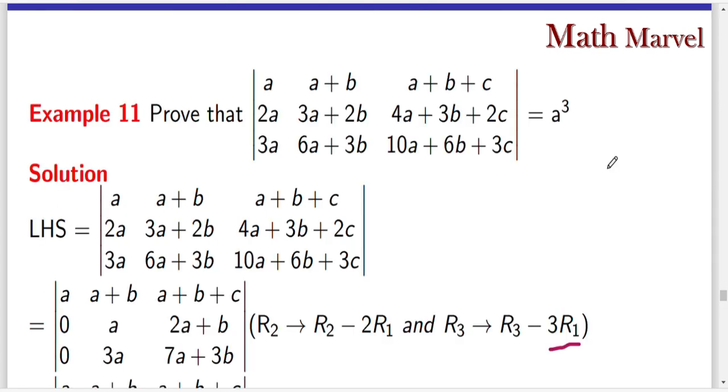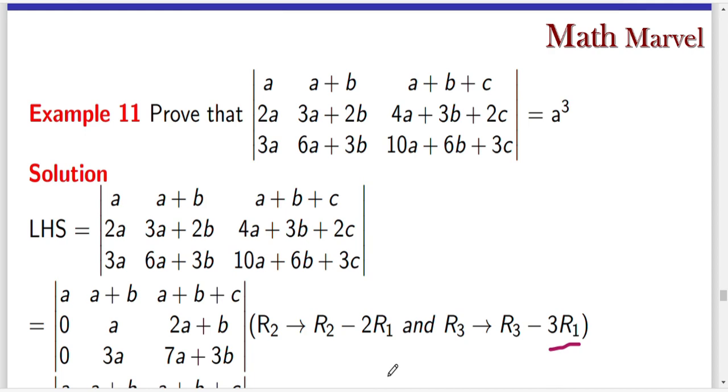So from this example, we learned two things. First is, for evaluation of the determinant, we have to convert the maximum number of zeros. Okay, and for conversion of the maximum number of zeros, here we use property number 6. So now think on it. Why do we use property number 6? Because according to the statement of property number 6, if we use this type of operation on a determinant, then the value of the determinant remains the same.